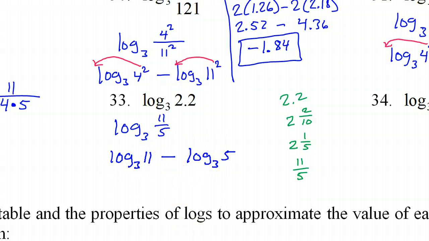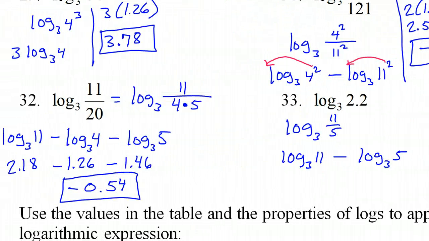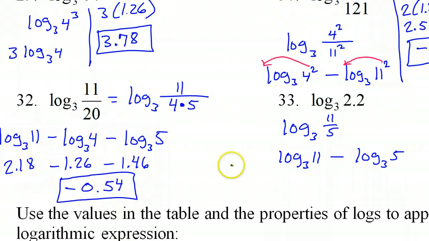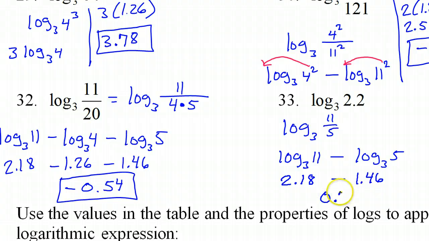And we're given both of these facts. Log base 3 of 11, that was our 2.18. Log base 3 of 5, that's our 1.46. On the 4-function calculator, 2.18 minus 1.46 is 0.72.